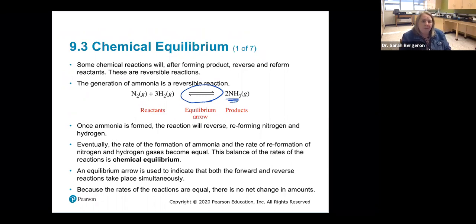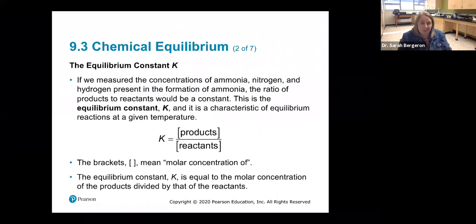And so we know that there's no net change in the amounts of our reactant and our product when we are at equilibrium. You have a set number of people on the court, and a set number of people on the bench. They can cross, but you still end up with the same number on the court and the same number on the bench. Okay, so there's no net change in the amount.